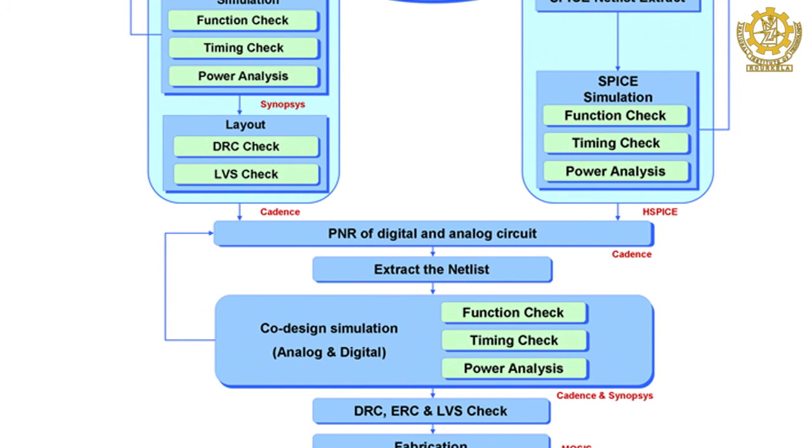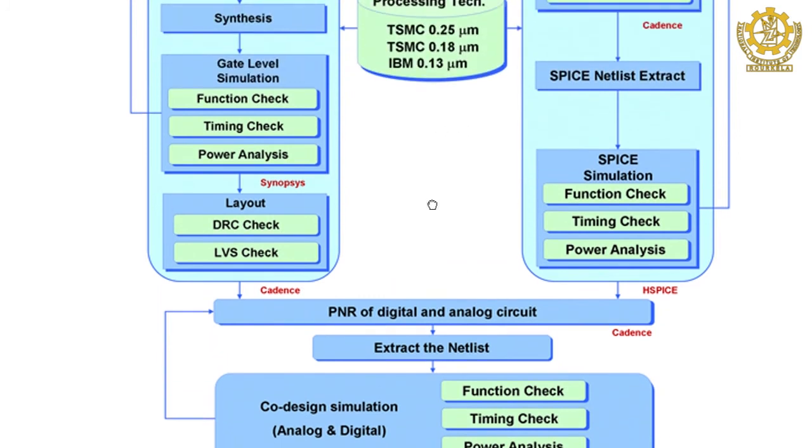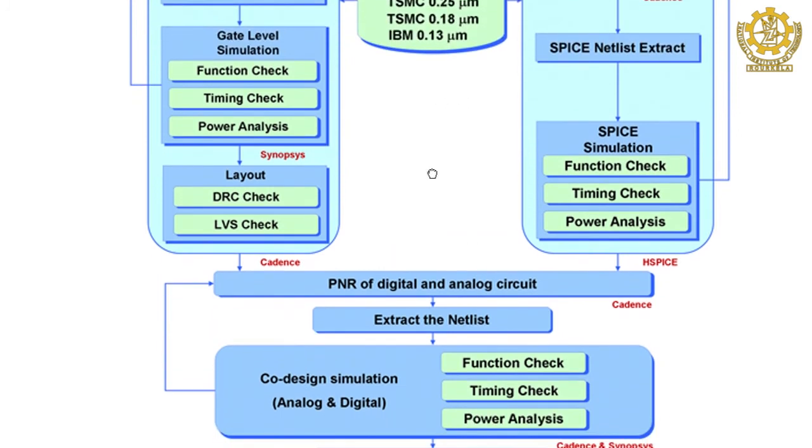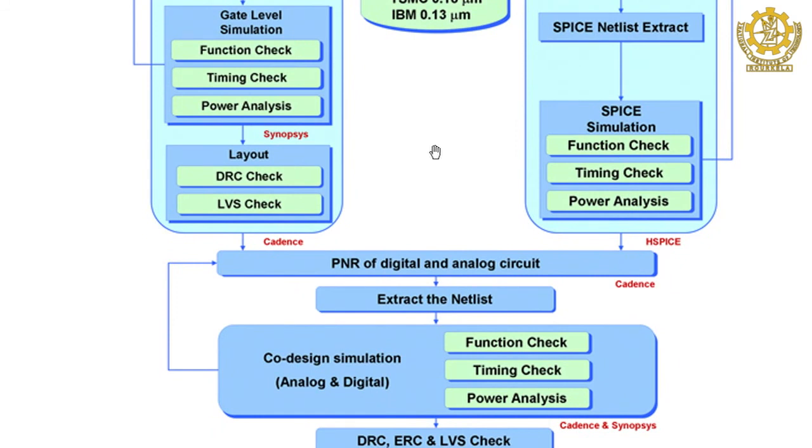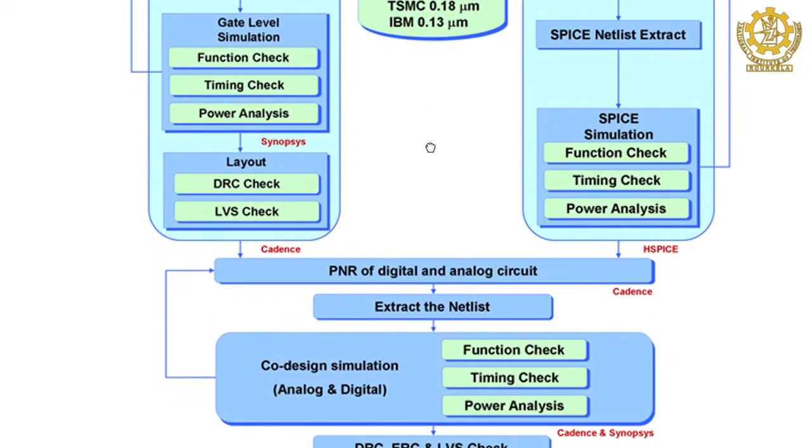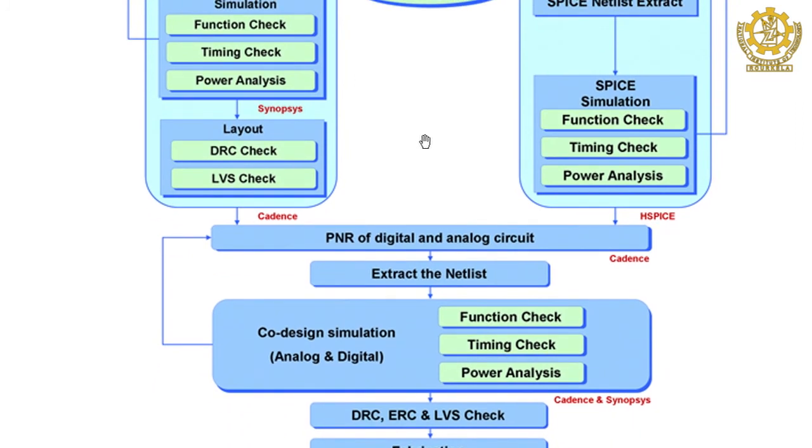Those tools are available with us now, so it is a good opportunity for you to sit and learn. If you go outside you will never get the tool, and they may charge you a very huge amount.